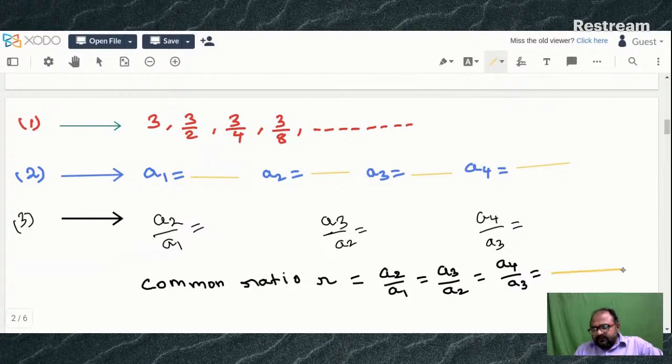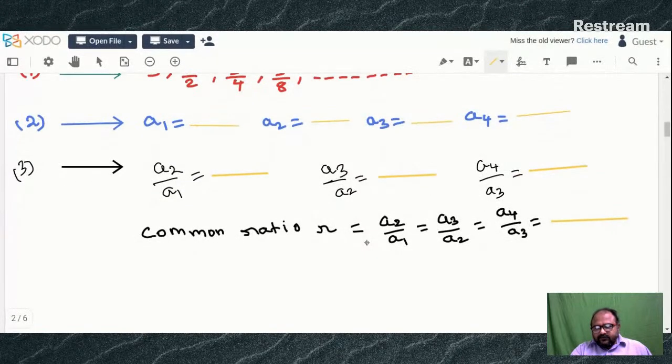So I am writing some blank here. So you find A2 by A1 and A3 by A2, A4 by A3. So this is how you can find the common ratio R. So you can write the answer here, common ratio R equal to. This is what you can write.